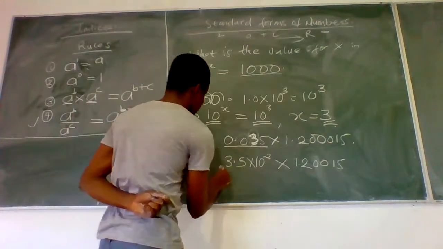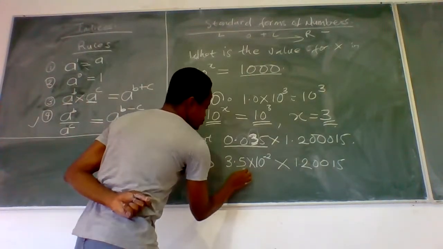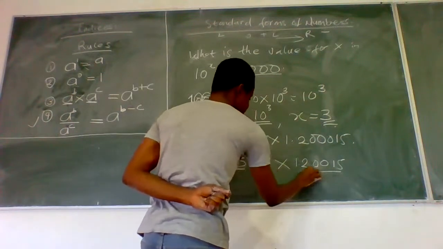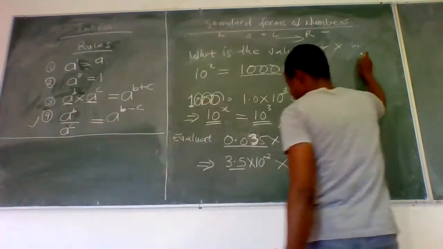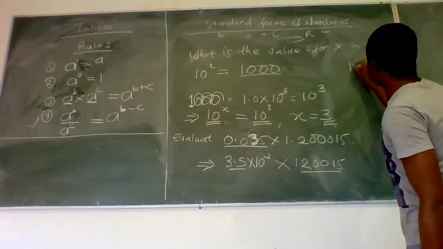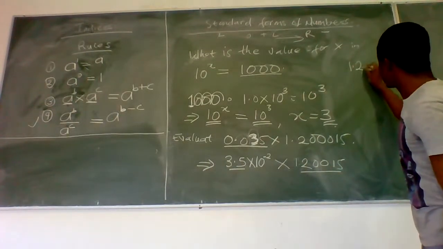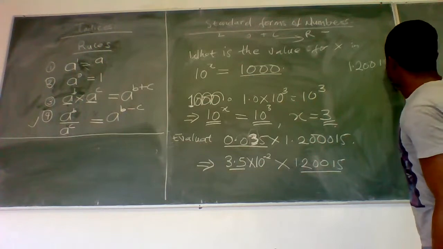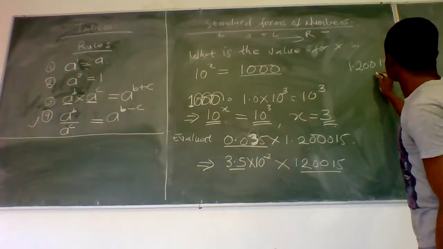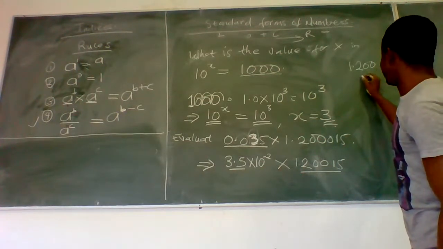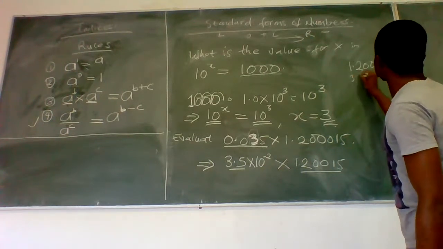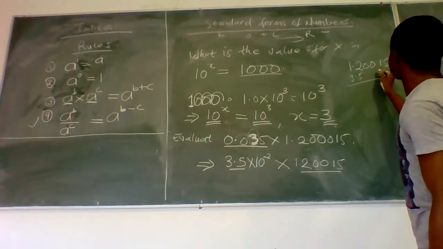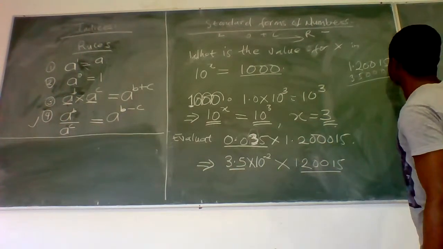So what you do is your next step, you multiply this by this. Then, 1.20015 times 3.5.